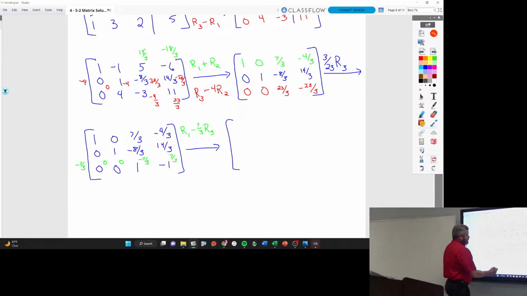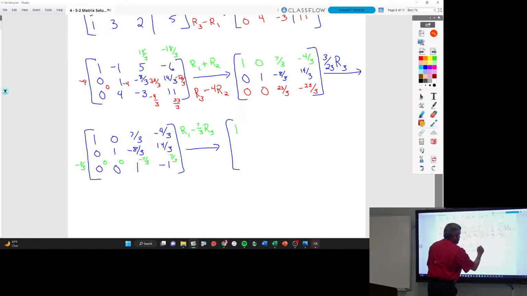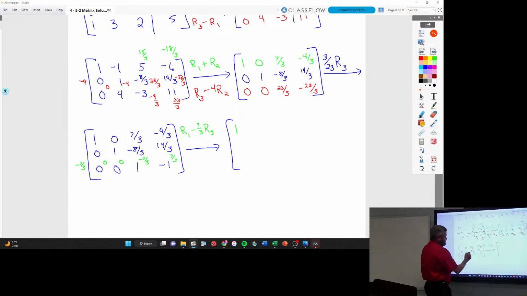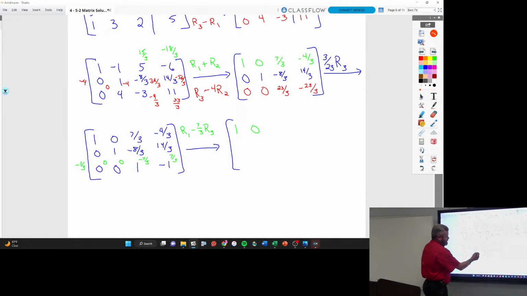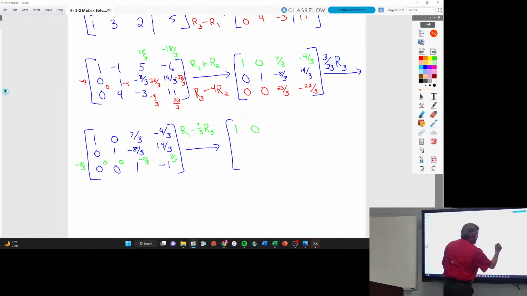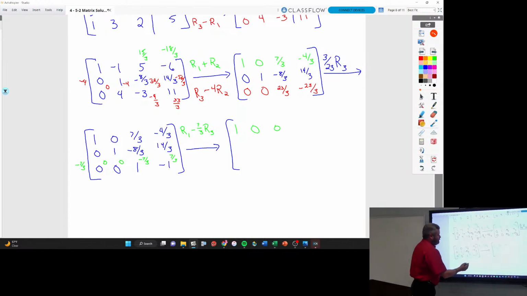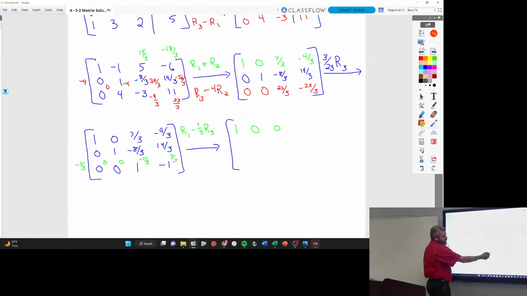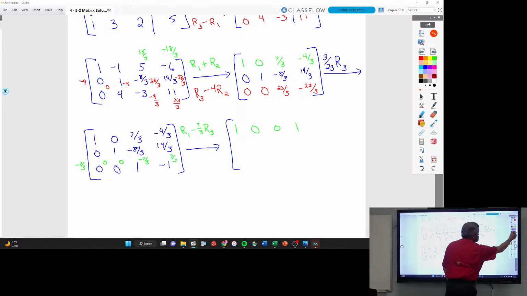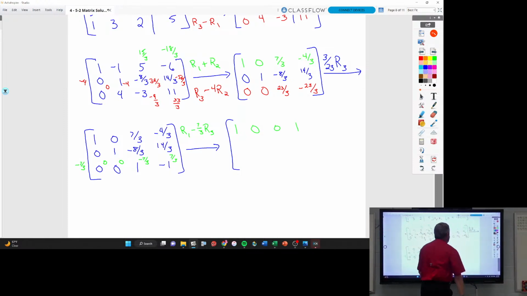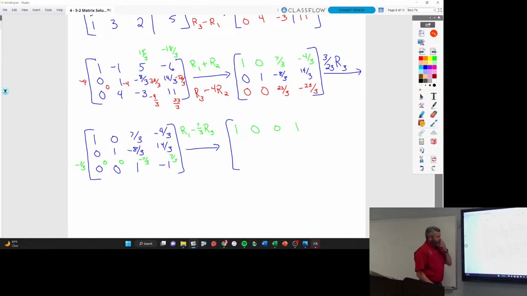Well, 1 and 0, that's 1. 0 and 0, that's 0. 7 thirds and negative 7 thirds, that's 0. Negative 4 thirds and positive 7 thirds, that gives me a positive 3 thirds. Well, positive 3 thirds is 1. So row 1 is good.